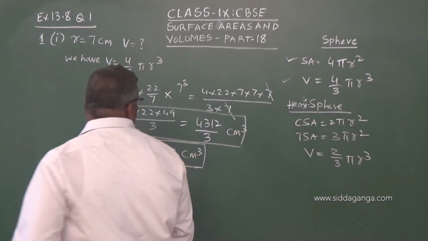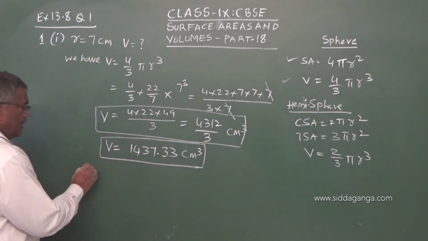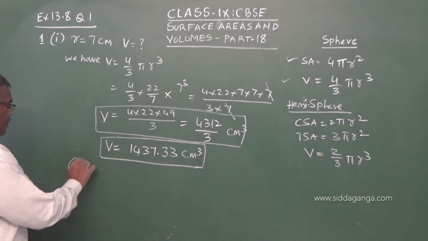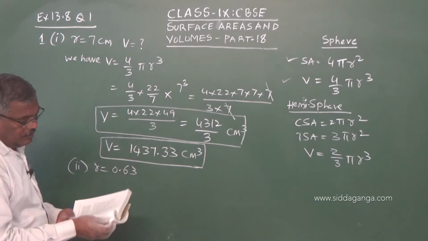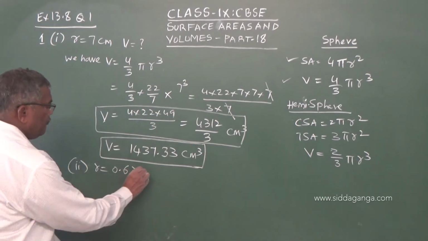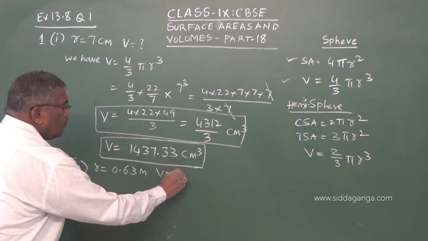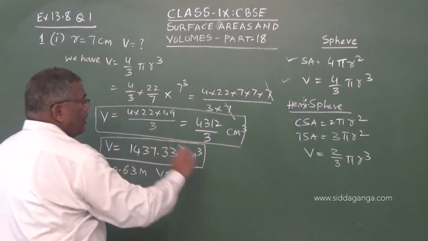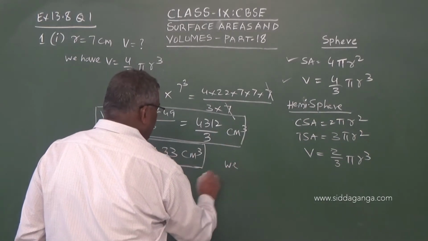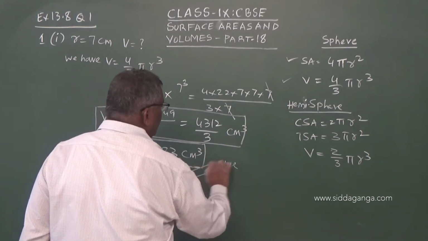Second sub question under that. R is equal to 0.63 meter. What is the volume? Same formula we have. So from here I will continue.